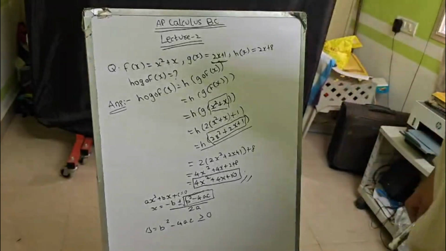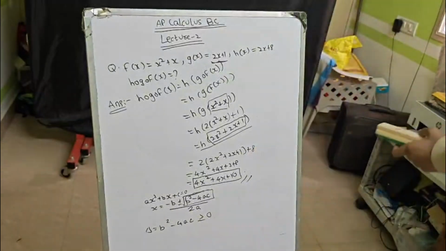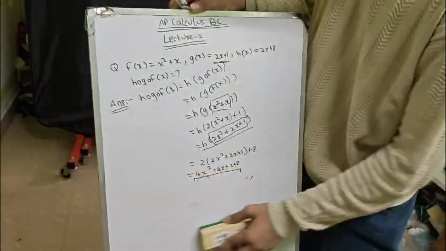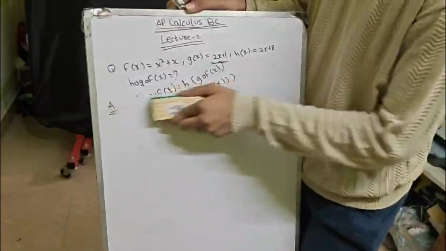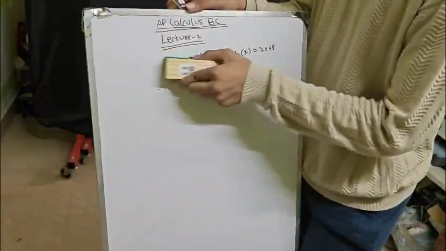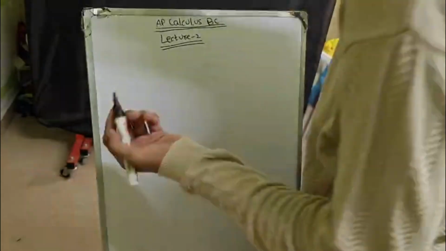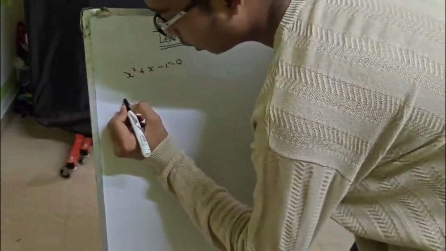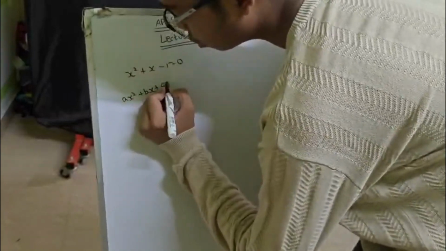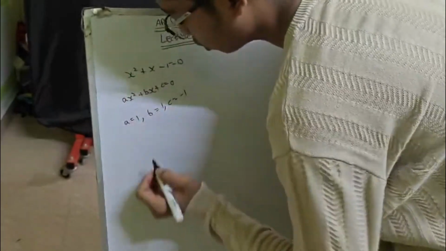So I'll just illustrate how to find the roots of a quadratic equation first of all. Just to be sure, I hope you wrote this question down. You don't have to write it actually. You can even type in a laptop. I used it in the previous video. So first of all, let's say we have the equation x squared plus x minus 1 equal to 0. Now we know that ax squared plus bx plus c equals 0 is the general form, right? So now a equals 1, b equals 1, c equals minus 1.